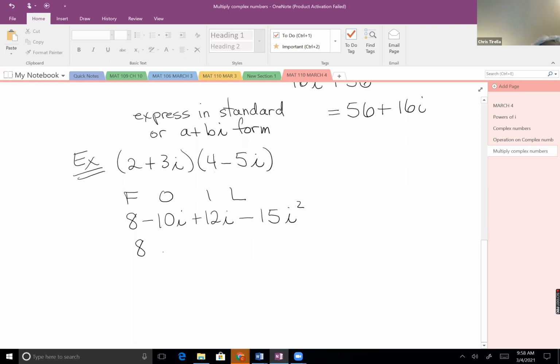Combining the 2 in the middle would be plus 2i. But then we have to remember with that last one, i squared is negative 1. So that gives me 8 plus 2i plus 15. And so in standard form, 8 plus 15 would give me 23 plus 2i.